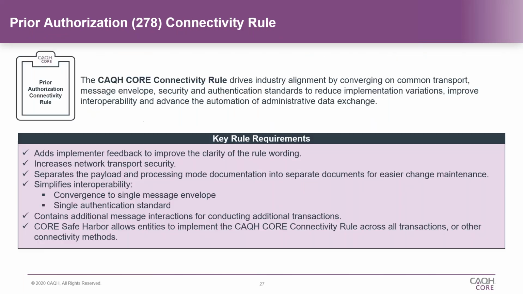If we go to the next rule, we also have specific requirements, as I mentioned, around connectivity. Again, very important for security and connectivity. Those requirements are very particular and very specific. It does help simplify the interoperability because we've converged onto a single message envelope as well as a single authentication standard. Again, this allows those vendors and clearinghouses and systems that both health plans and providers rely on to be built out, right?